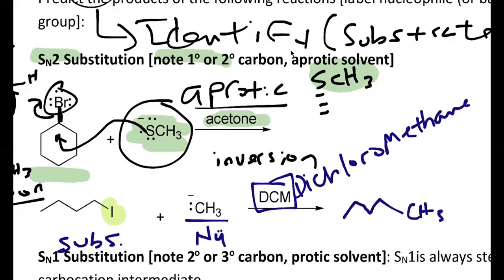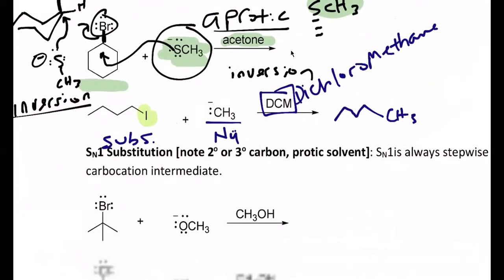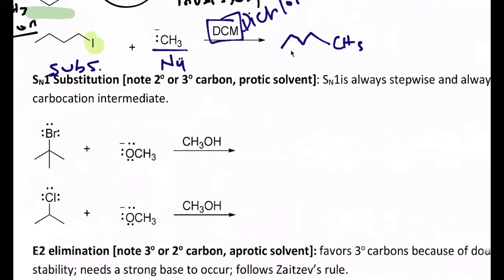All right, let's look at the SN1. SN1 is different. Remember the SN2, the substitution step is concerted, everything happens at the same time. SN1 is stepwise, and it prefers secondary or tertiary carbons.